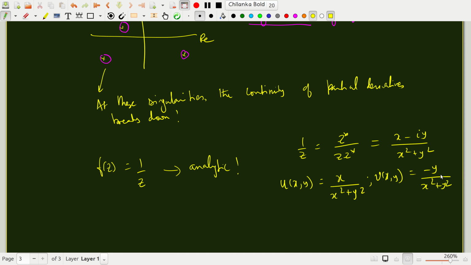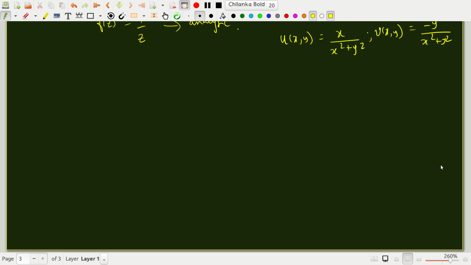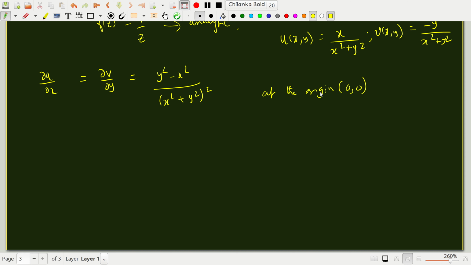You will find that the Cauchy-Riemann derivatives, partial u partial x, is equal to partial v partial y, which is y squared minus x squared by x squared plus y squared, the whole squared. But as you approach the origin, 0, 0, with x equal to 0 and y equal to 0, the partial derivative u x, as you approach along the x-axis, will blow up as minus 1 over x squared.